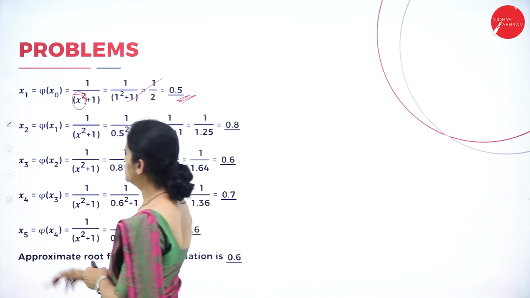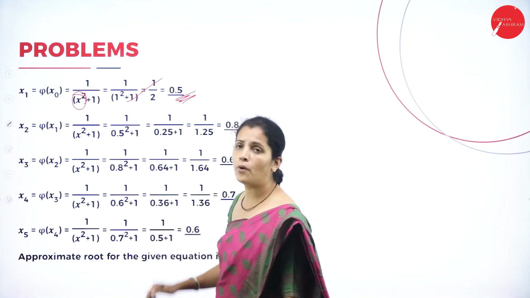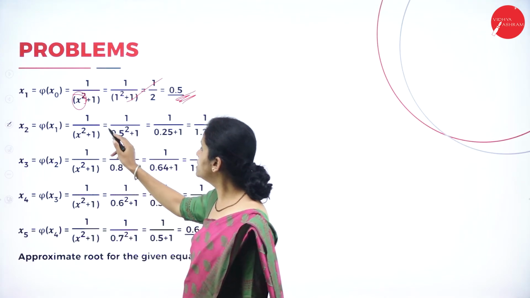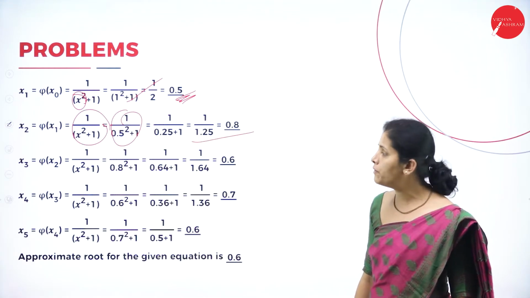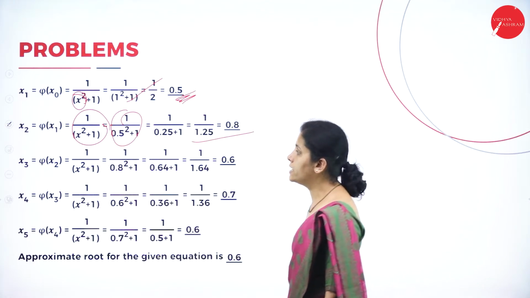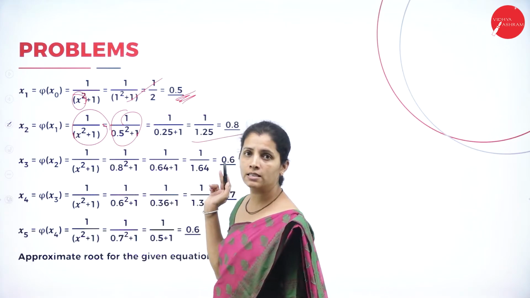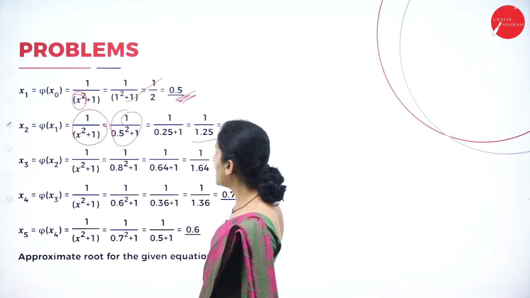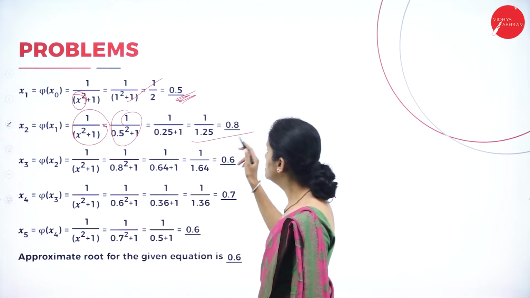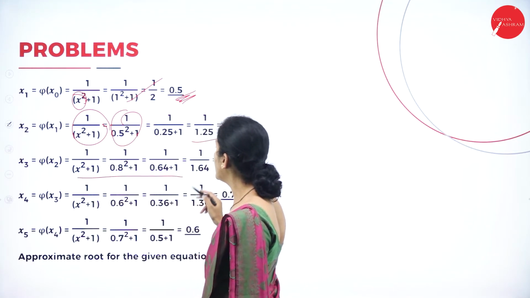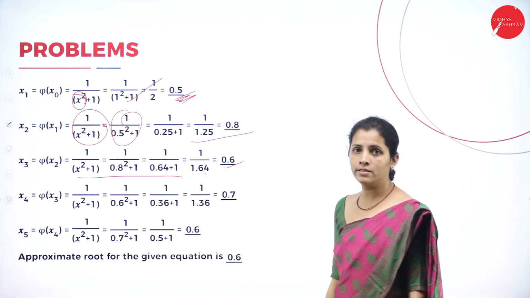So, here x2 equals pi of x1. What is x1? It is 0.5. When I substitute this in the equation, I get the answer 0.8. Now, in my next iteration, x3, I consider 0.8, and when I substitute 0.8 in this equation, I get 0.6.